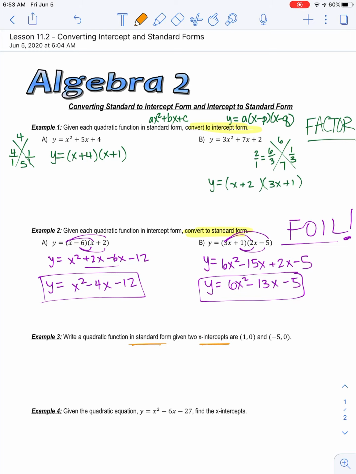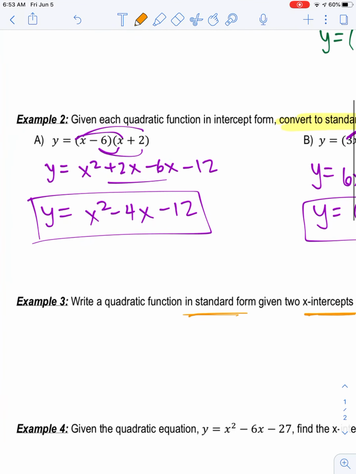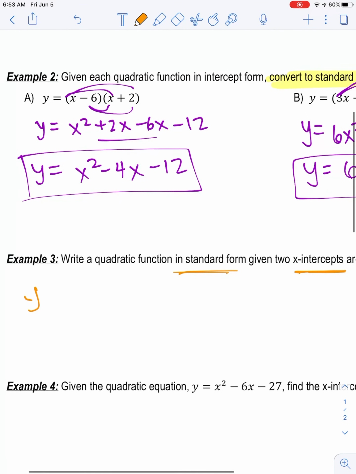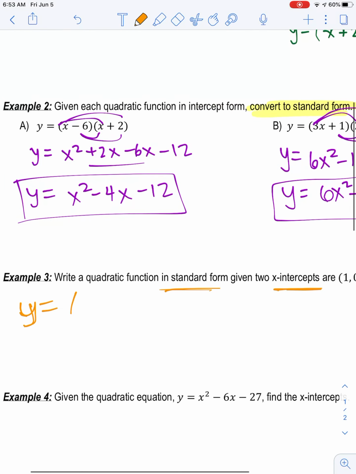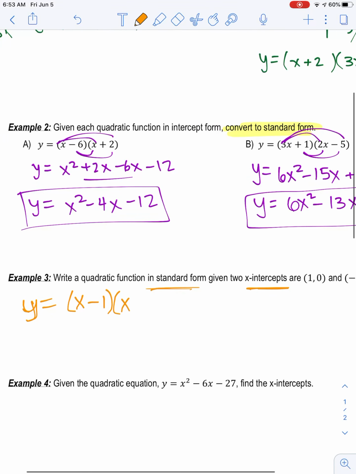All right, we're given the intercepts, but we want it in standard form. We're not going to be able to go right from the intercepts to standard form, but what we can do is use the intercepts 1 and negative 5 to write it in intercept form first. So y is equal to x minus 1 and x plus 5. And if we're not given a value for a, we'll always use a equals 1. Now I can do the converting like I did in example 2 to make this into standard form.